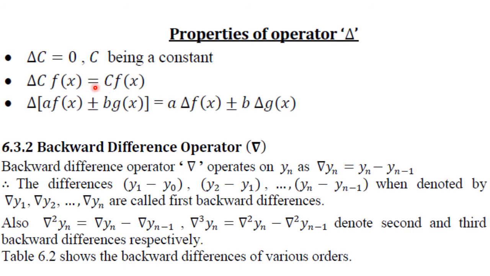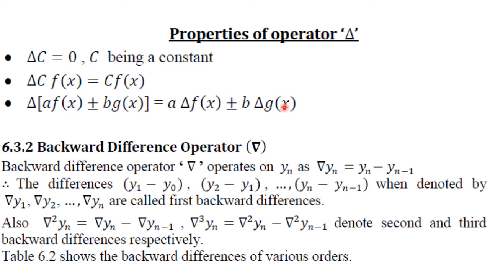Similarly, del of a f of x plus or minus b g of x: a can be taken out and then apply the del operator on f of x. Similarly, b can be taken out, then apply the del operator on g of x.